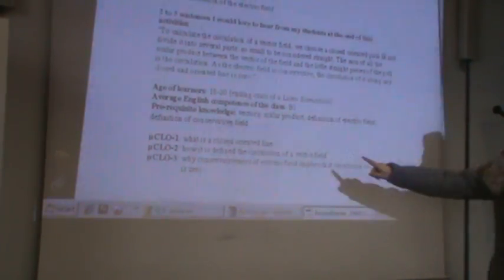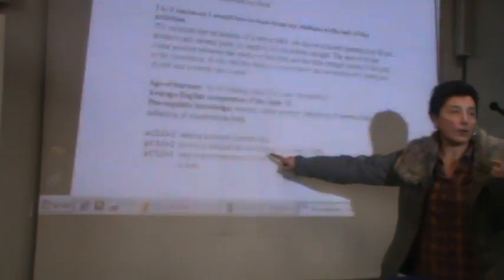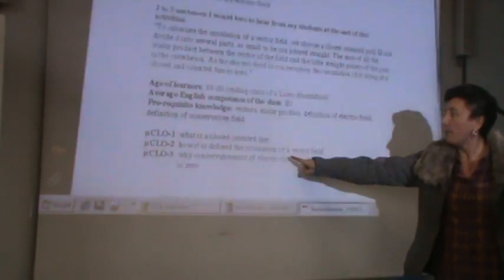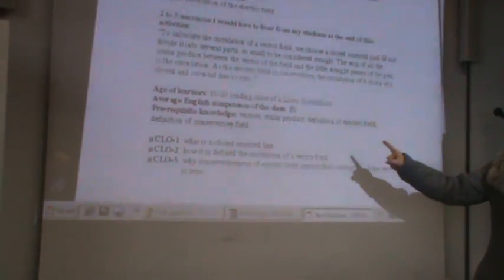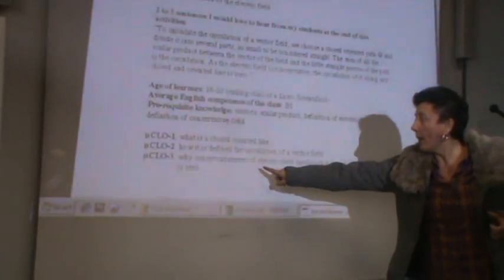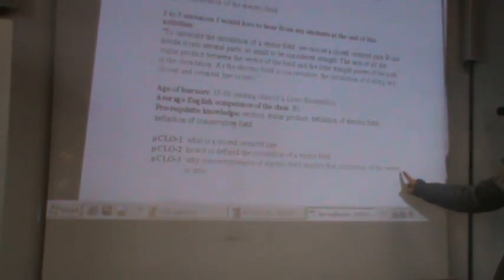This topic, in my opinion, can be divided into three concepts, a little bit chewable. One is what is a closed and oriented line. The second is how the concept of circulation of the vector field is defined in general, and why conservativeness of the electric field implies that the circulation of the vector is zero.